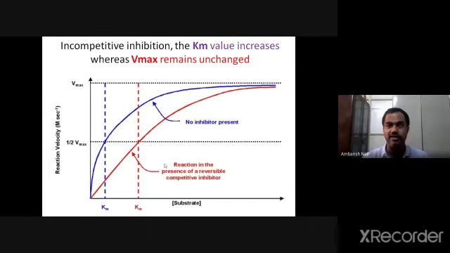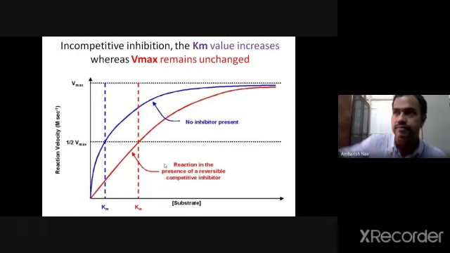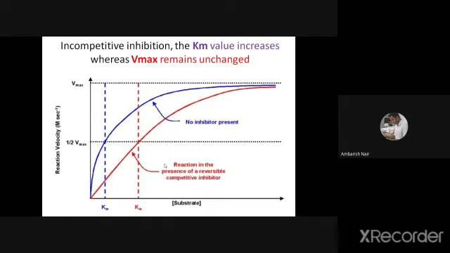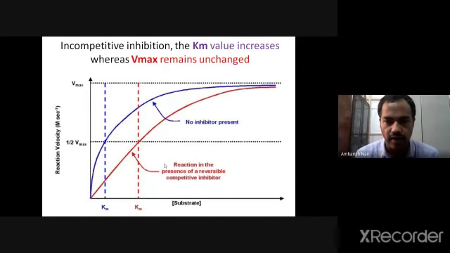Because we already studied significance of Km. So can you tell me something about this, Akash? Akash, can you hear me? Can anyone else unmute and tell me?